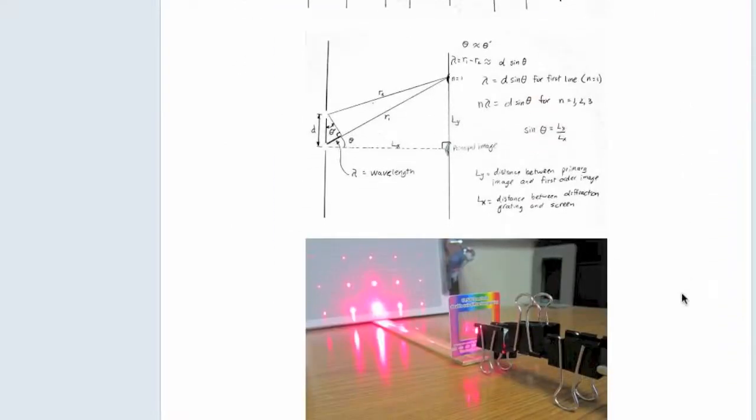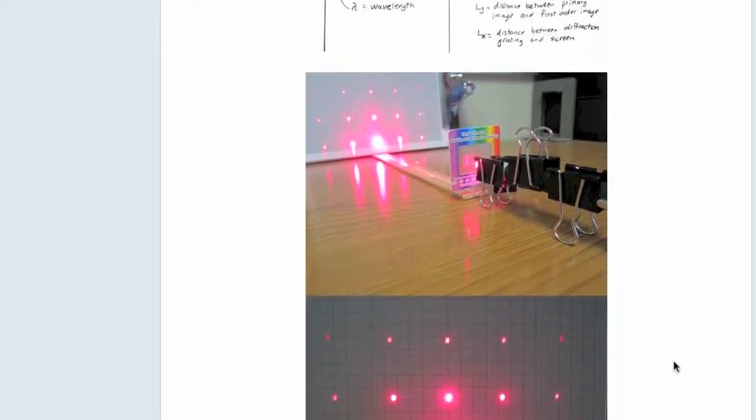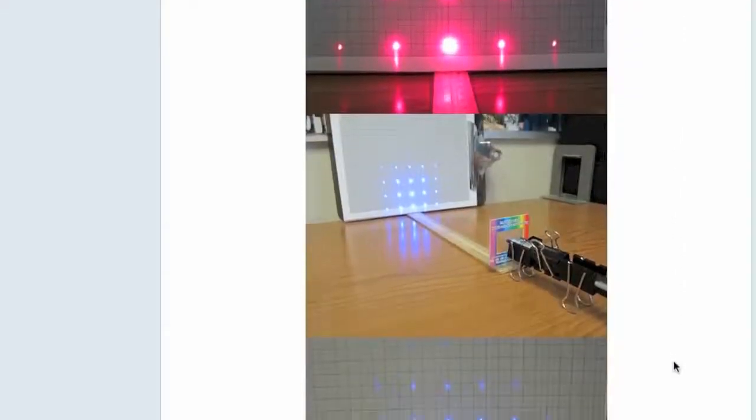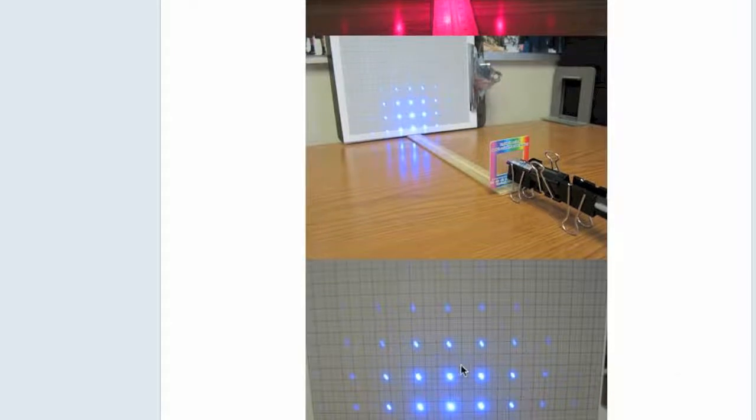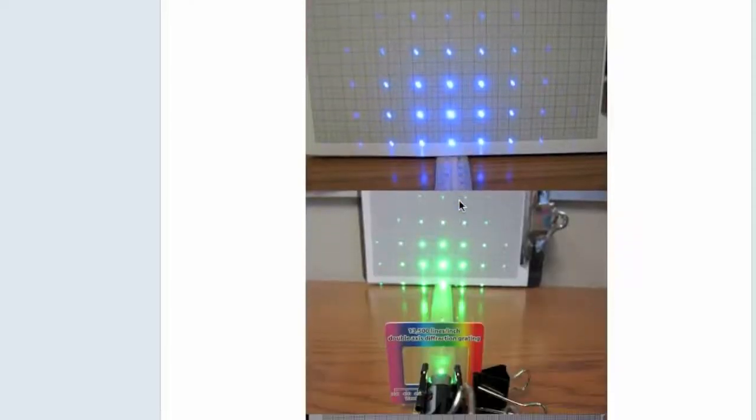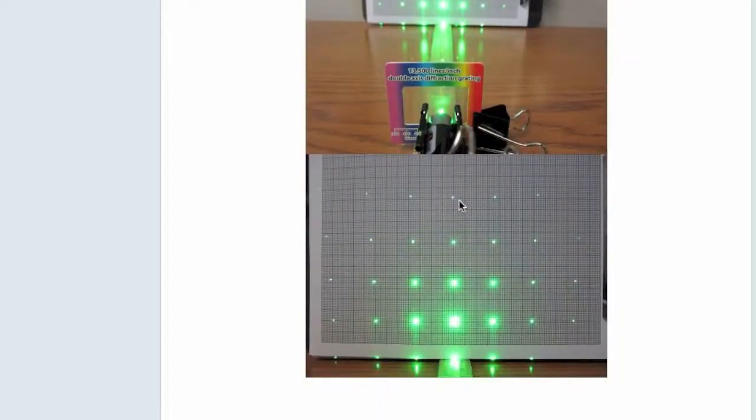As the students set up their activities, you can see the grid cast onto the graph paper in the background. They're going to be measuring all of these distances, the distances between the dots and the distances between the laser and the board, and then comparing the values that they get for the green, the violet, and the red laser.